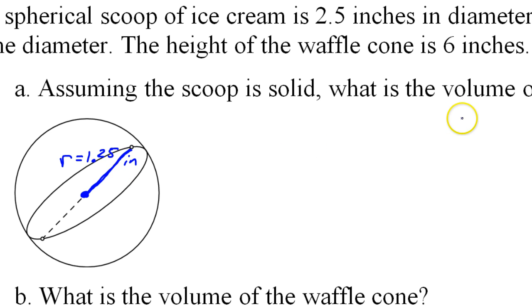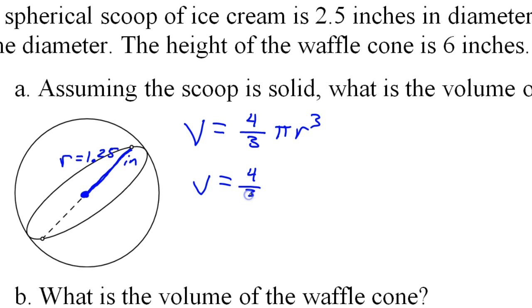Okay, so if I want the volume, now that I have the radius, the volume of this sphere is, we've got the formula 4/3 pi r cubed. So that makes this 4/3 pi times 1.25 cubed.